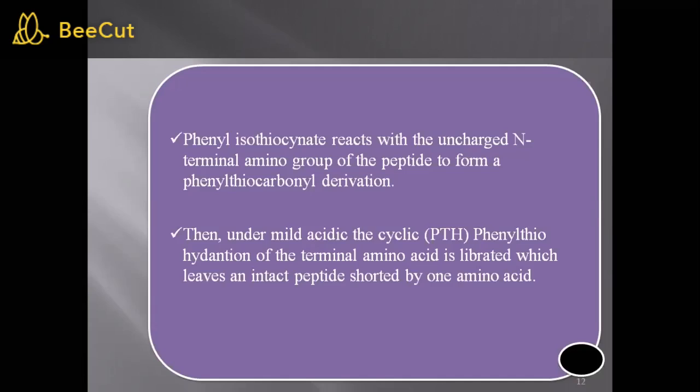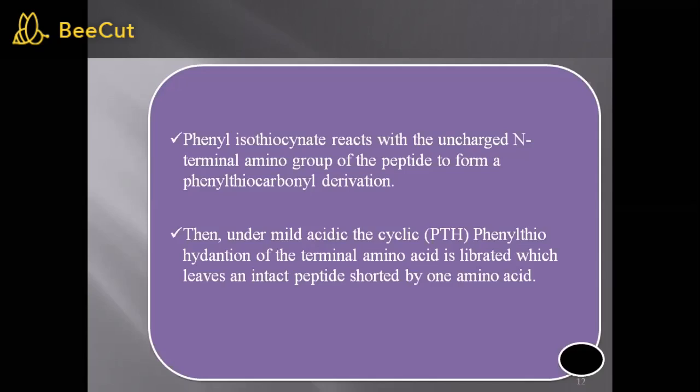So again we carry out the acid hydrolysis, and the PTH derivative of the terminal amino acid gets liberated, leaving the peptide shortened by one amino acid. That means we get the PTH amino acid derivative of the N-terminal amino acid.